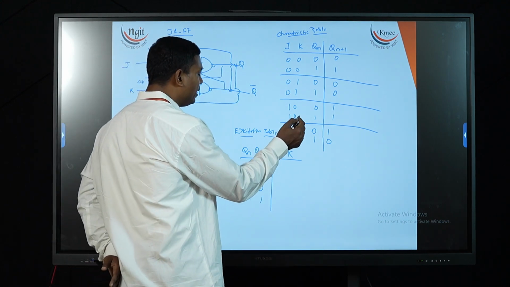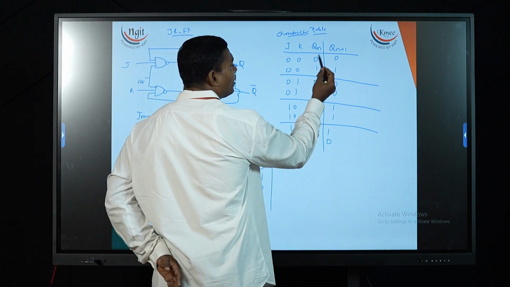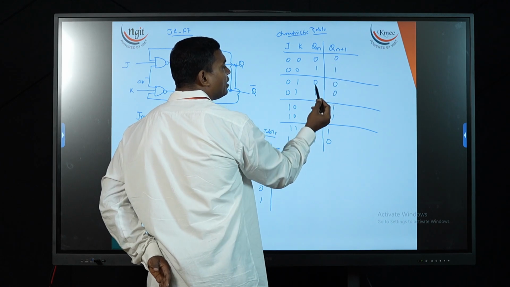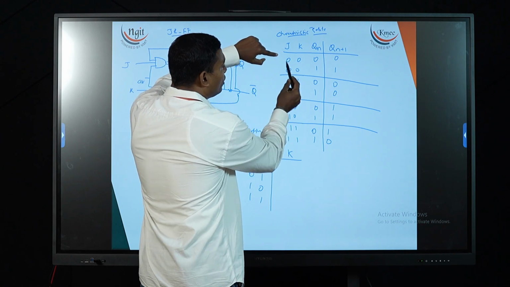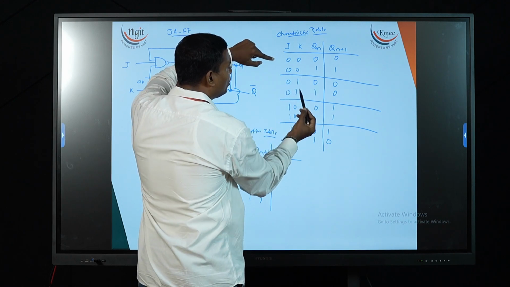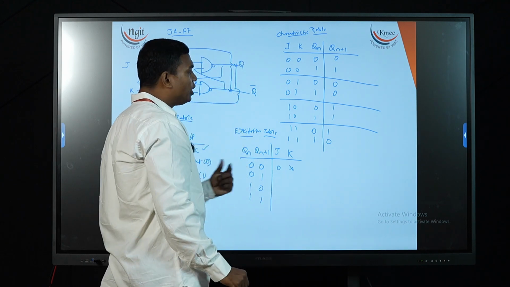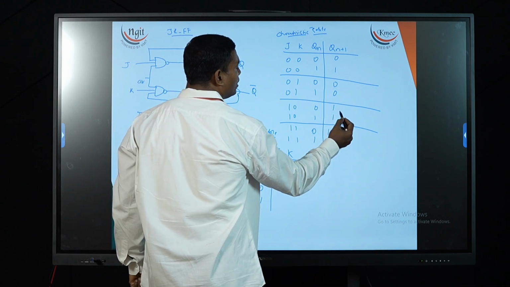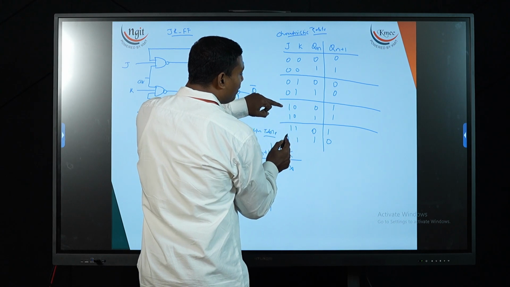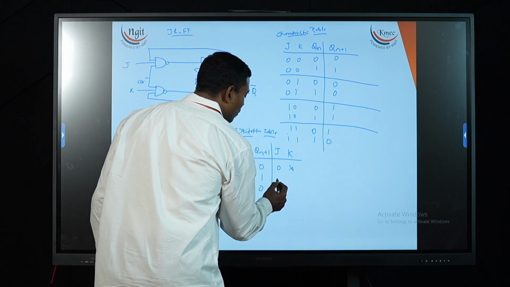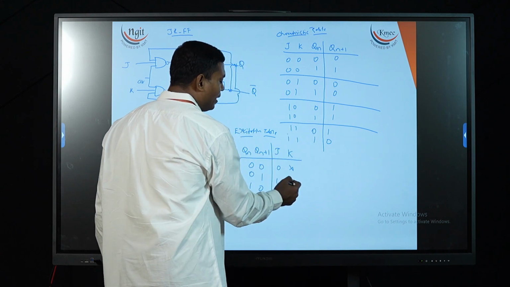Now let's observe using our characteristic table. For the 0 0 transition of Qn and Qn plus 1, the combinations for J and K are 0 0 and 0 1, meaning K is changing from 0 to 1. So 0 and don't care is my answer. For the 0 1 transition, my input combinations are 1 0 and 1 1, that is K is changing from 0 to 1, so 1 and don't care.